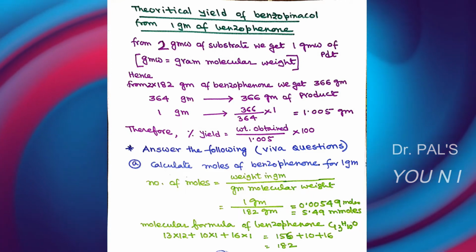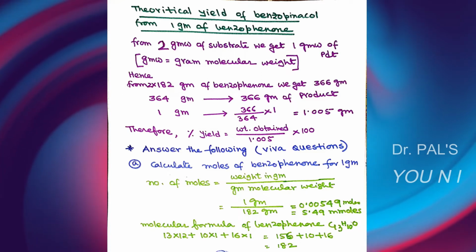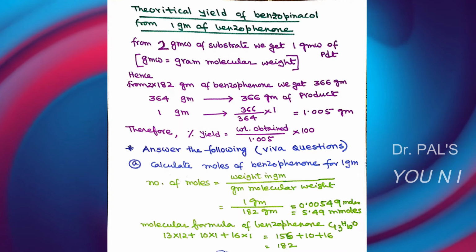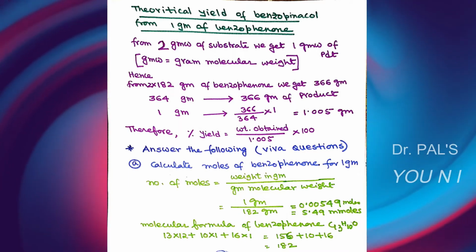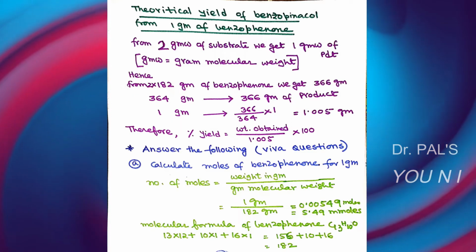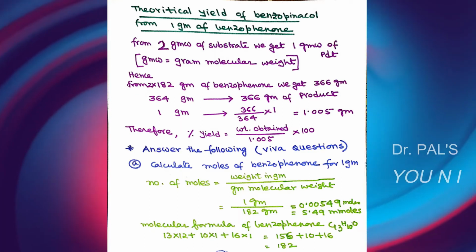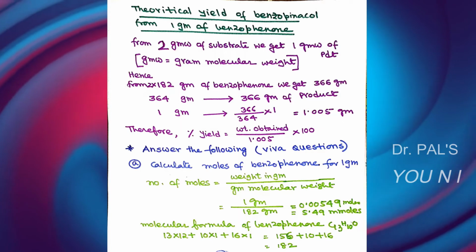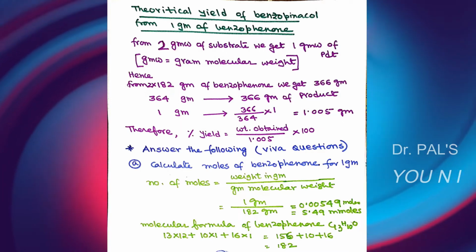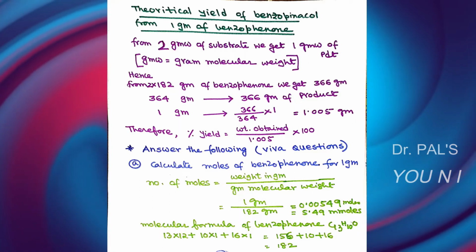So let us practice with benzophenone. In order to calculate the moles, we have one formula: the number of moles is equal to the weight in grams divided by the gram molecular weight. So 1 gram of benzophenone means how many moles? As simple as this.